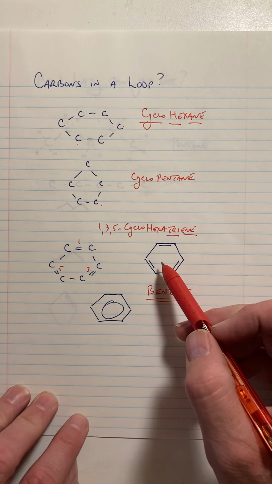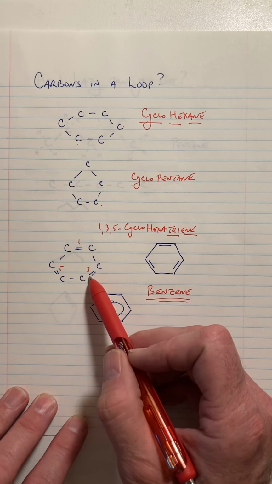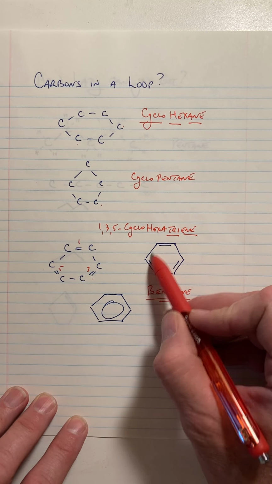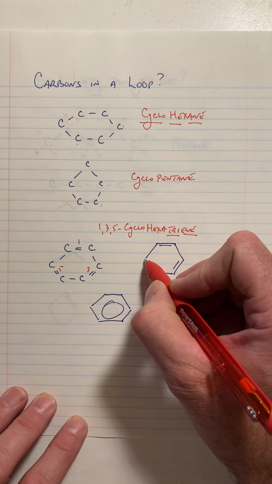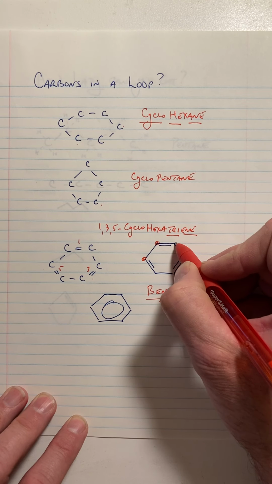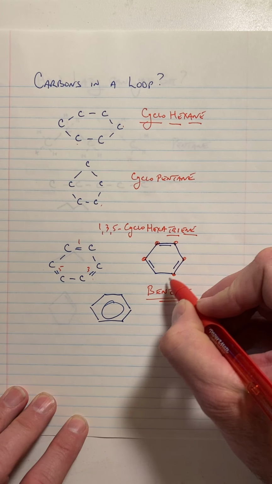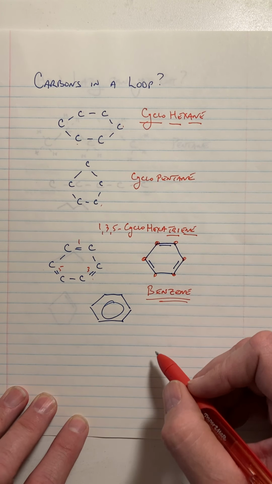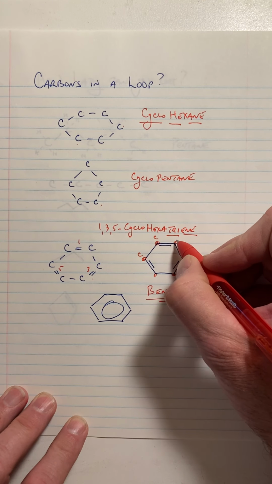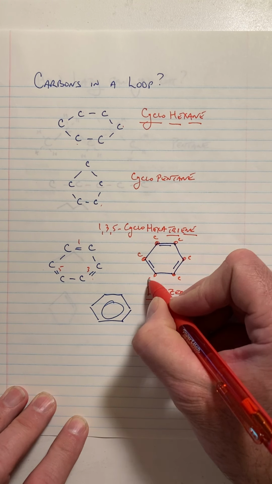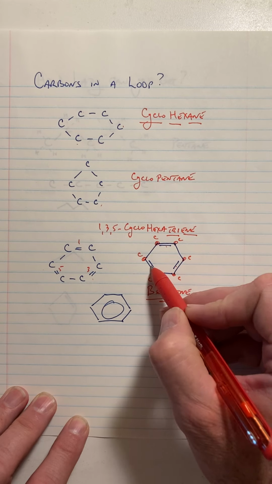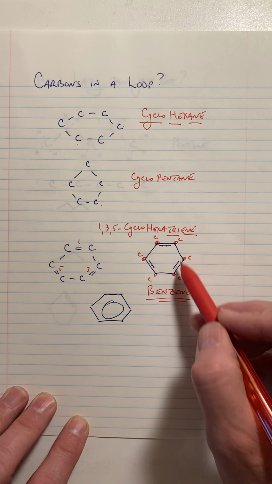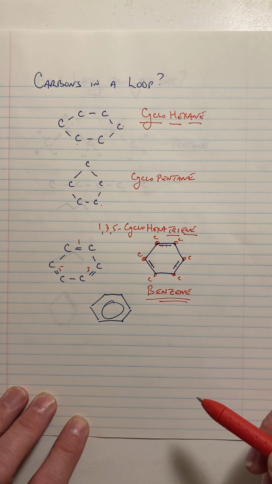So if we get lazier, what we can do is write this thing as sticks. Each time the sticks bend is going to be a carbon. So this is really a carbon, carbon, carbon, carbon, carbon, carbon, with double bonds occurring between the first, third, and fifth.